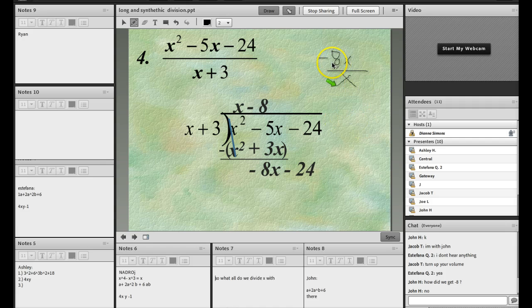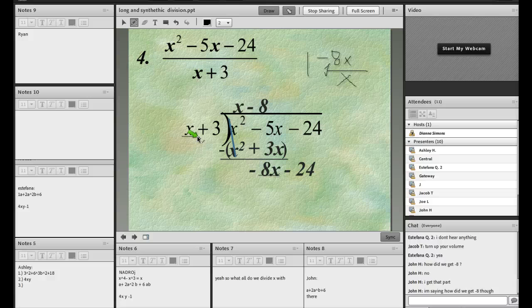Does that make sense if I write it like this? Okay, and that's all I'm doing. If I write it like this, my answer would be negative 8. Yeah, that's how I get the negative 8. I'm taking this first number and dividing it by this.